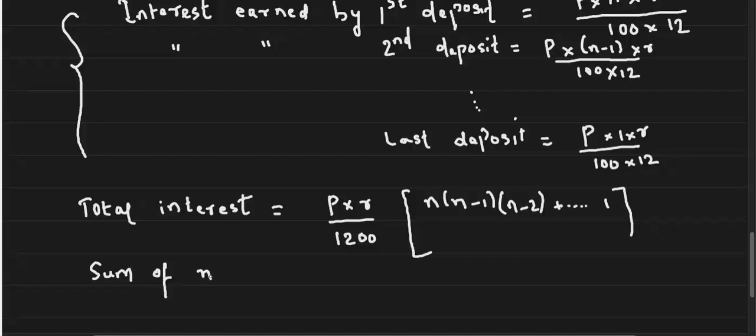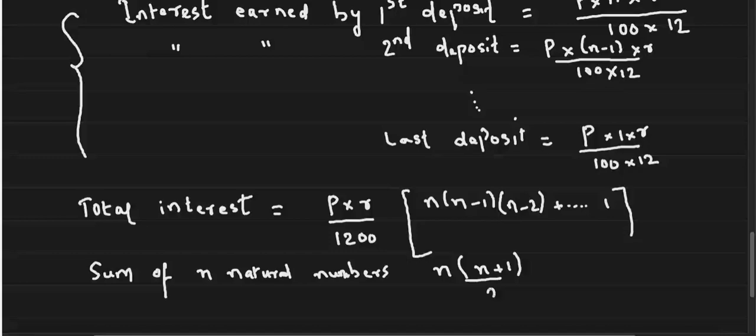The sum of n natural numbers, when you add 1 plus 2 plus 3, there is a formula for this: n into n plus 1 divided by 2.